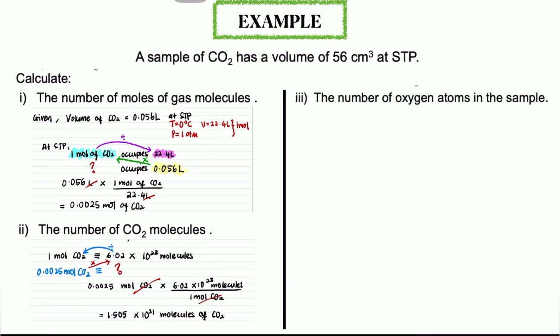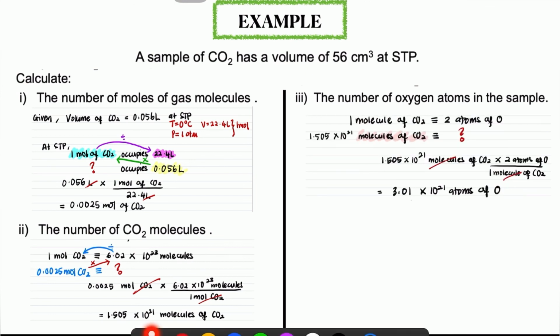Next, the last question needs you to calculate the number of oxygen atoms in the sample. Basically, we know that 1 molecule of carbon dioxide consists of 2 atoms of oxygen.